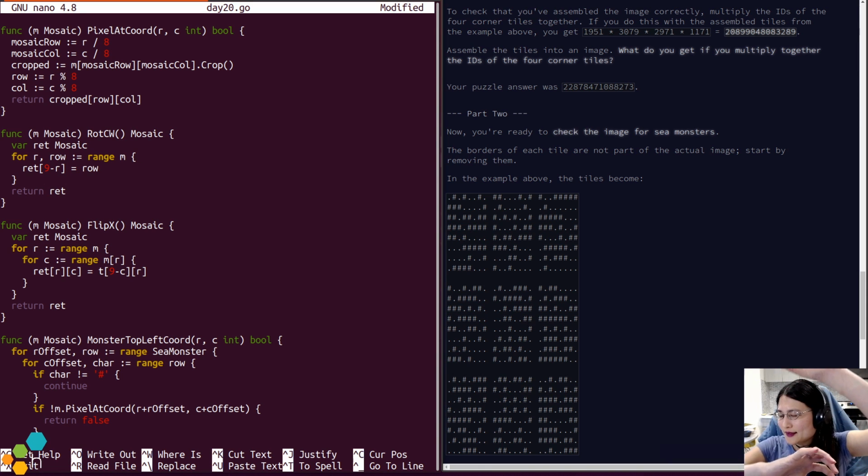If I have a stack of these tiles, something like this, and then I rotate, what happens is each tile itself is rotated, and then they're rearranged as well.